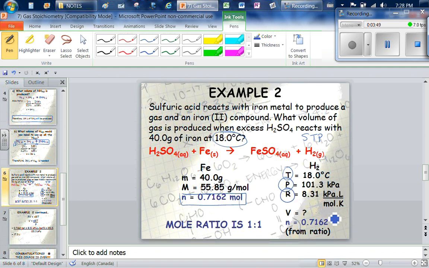which is a constant, 8.31. The question is, because we're dealing with a gas, we're looking for the volume of gas produced. The mole ratio for this one is 1 to 1, so the number of moles of hydrogen will be the same as the number of moles of iron, because of that 1 to 1 ratio in the balanced chemical equation.